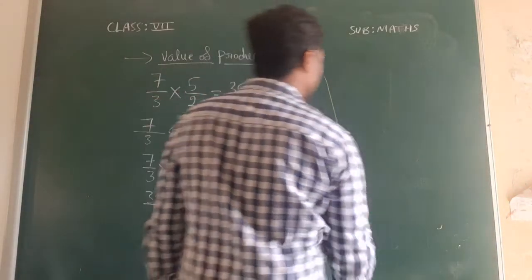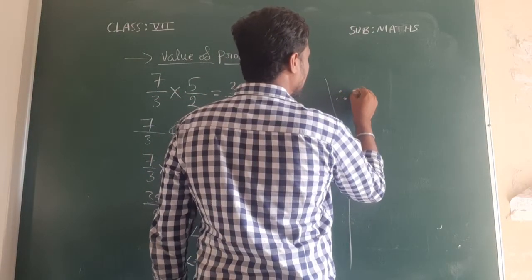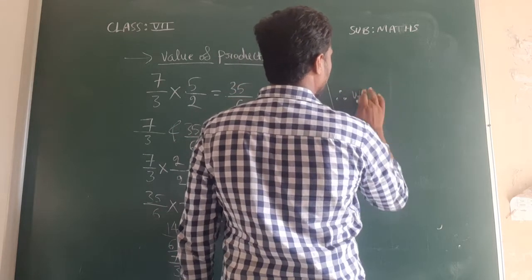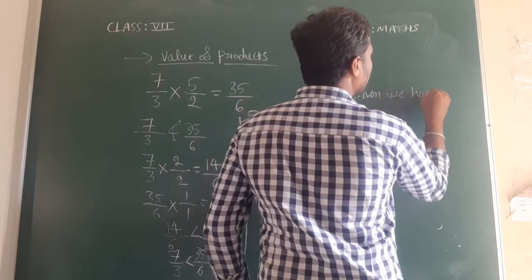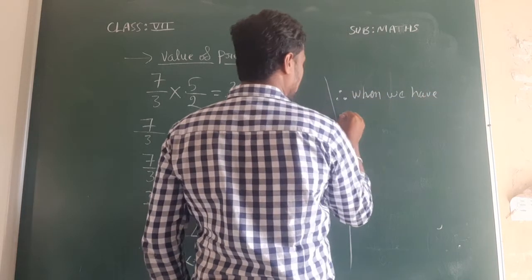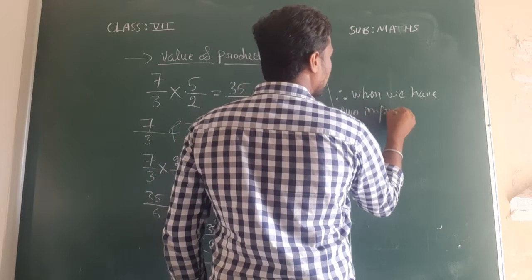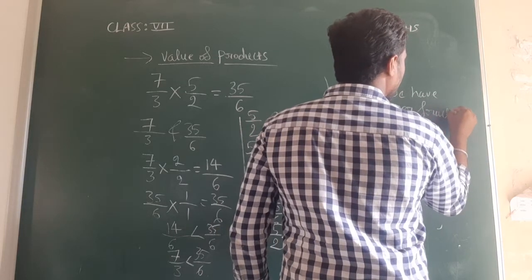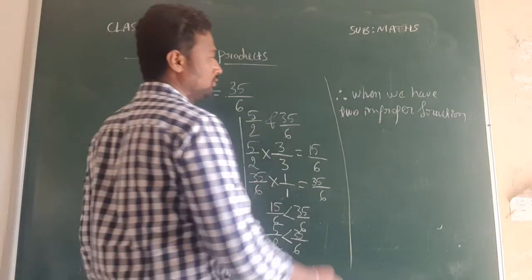Here I will write below this example, you have to write: therefore, when we have two improper fractions, what we will get?